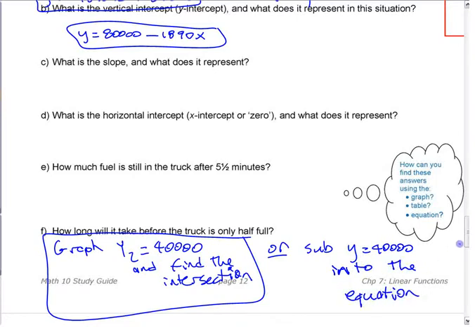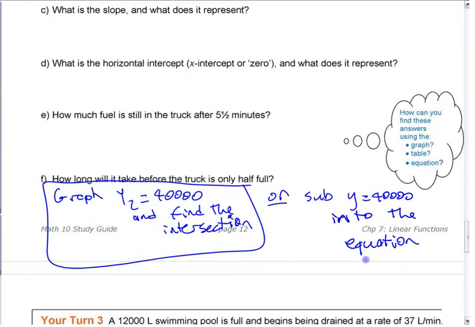Okay, that's if you want to do it algebraically without the graph. You should be able to do it both ways. Sub that number into the equation and solve it, or use the graph. For any one of these things, you can do it two different ways, graphically or algebraically.